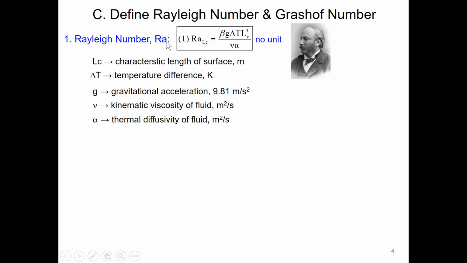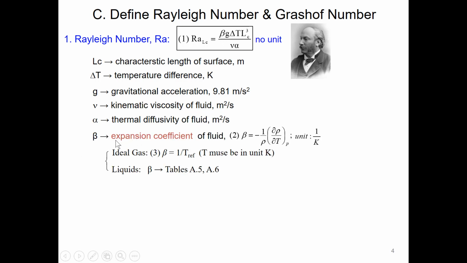First, Rayleigh number Ra is defined in equation 1, where Lc is the characteristic length of the solid surface, delta T is the temperature difference, g is the gravitational acceleration constant, nu is the kinematic viscosity of the fluid, alpha is the thermal diffusivity of the fluid, and beta is the thermal expansion coefficient of the fluid.